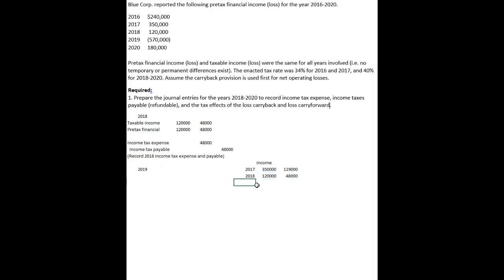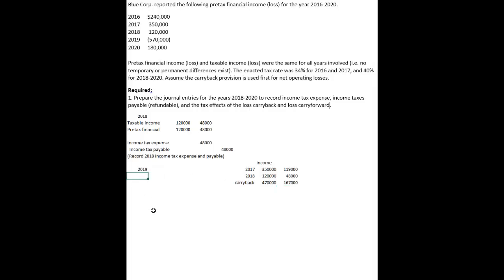And so the total carry back amounted to 470, and the benefit from it was 167. So we've carried back 470, and we're going to carry forward $100,000 of that net operating loss, and the benefit from the carry back is $167,000.